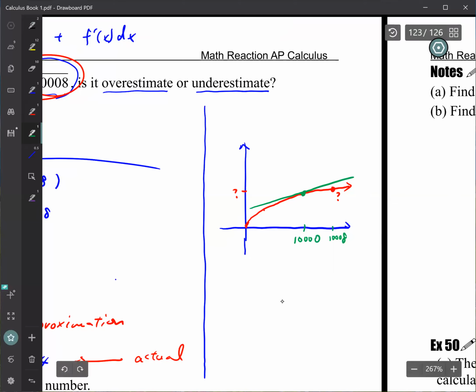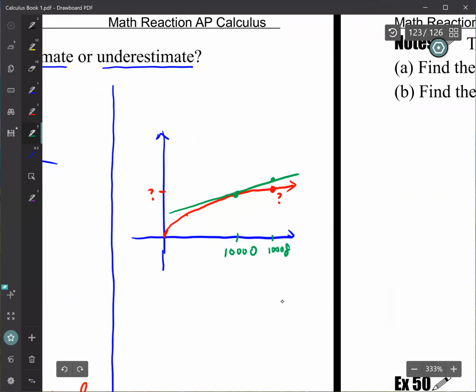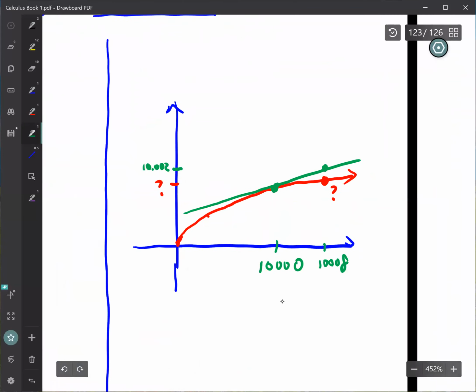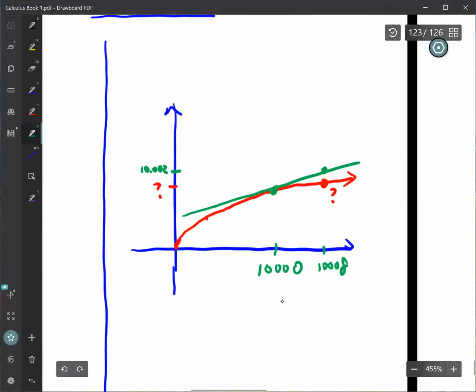So in fact, the answer that you get, the 10.002, is this one, and the actual number that you get is 10.001994. That's the question mark. You can see from the graph that the green dot is above the red dot, so that's why it gives you an overestimate. Does that make sense?